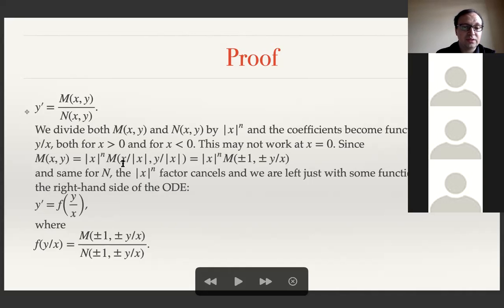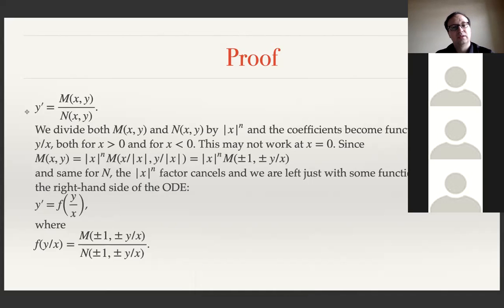So if x is a positive number, x over absolute value of x is plus 1. If x is a negative number, then x over absolute value of x is minus 1. So same here. I guess 1 over plus or minus 1 is the same thing, plus or minus 1.